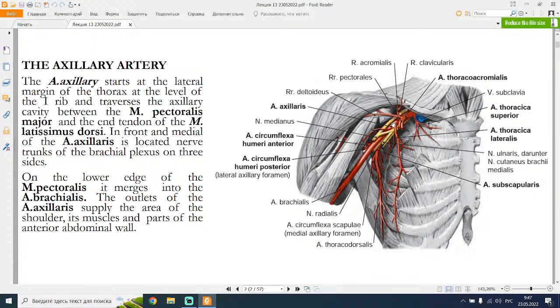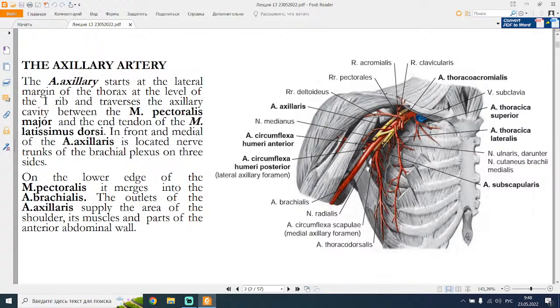The arteria axillaris starts at the lateral margin of the thorax at the level of the first rib and traverses the axillary cavity between musculus pectoralis major and the tendon of the musculus latissimus dorsi.